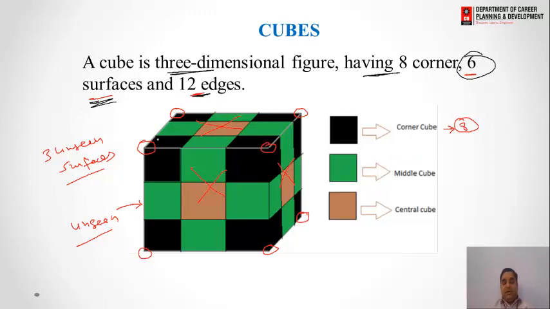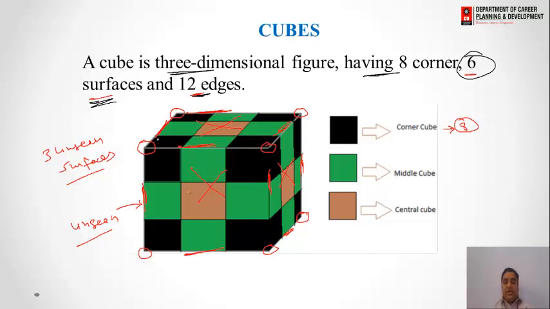Then we have 12 edges. 12 edges means what? There is the first edge, second edge, third edge, fourth edge, fifth one, sixth one, seventh, eighth and ninth.